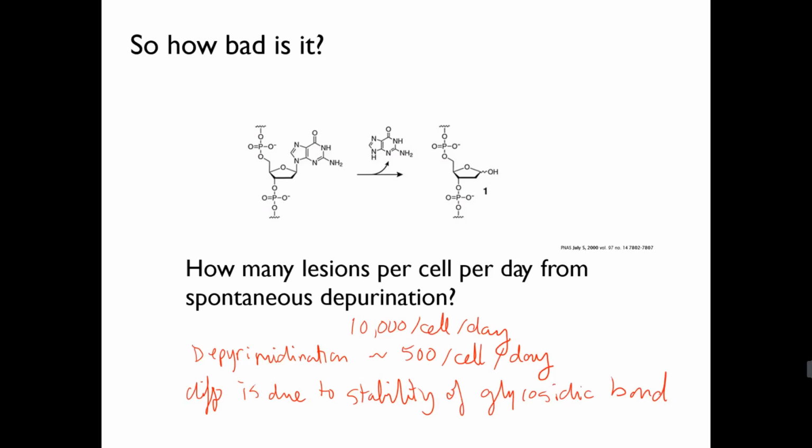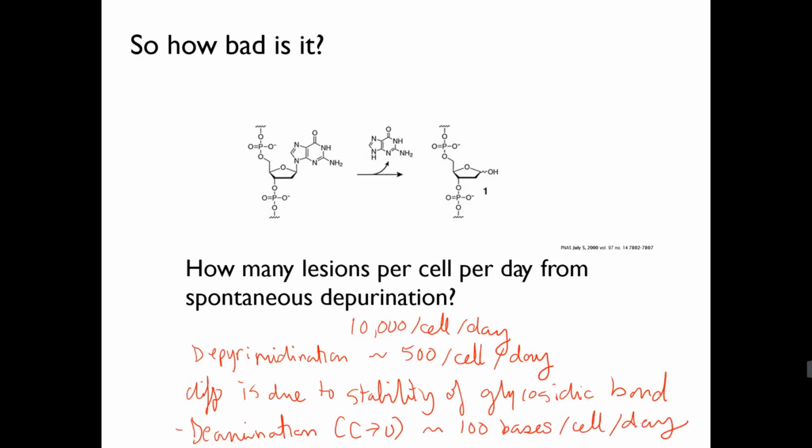Deamination, if you just consider cytosine to uracil, is about 100 bases per cell per day.